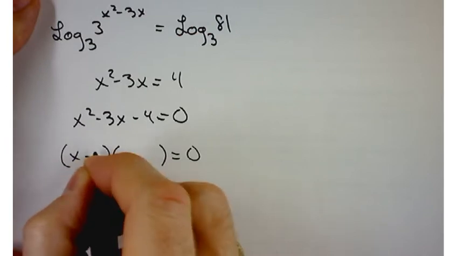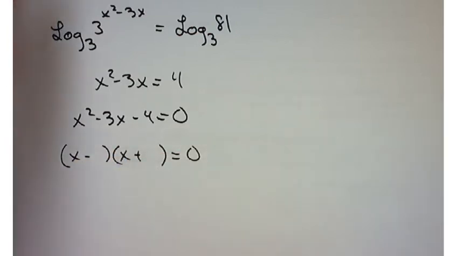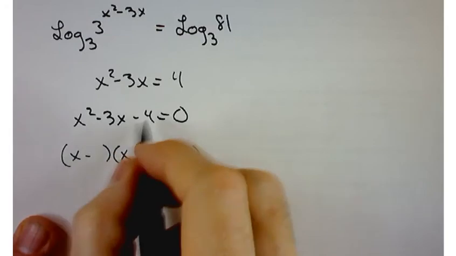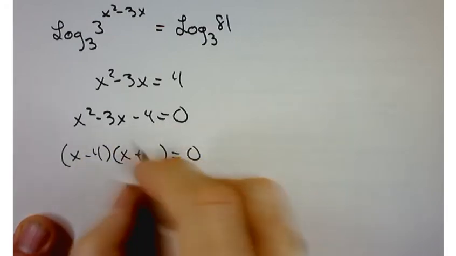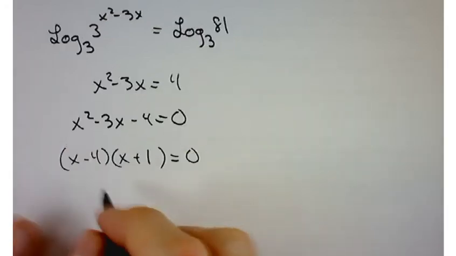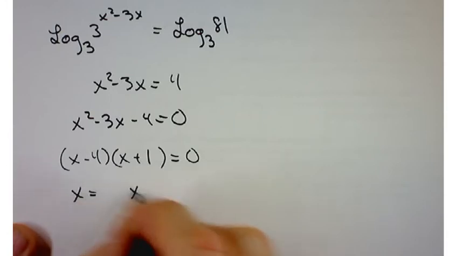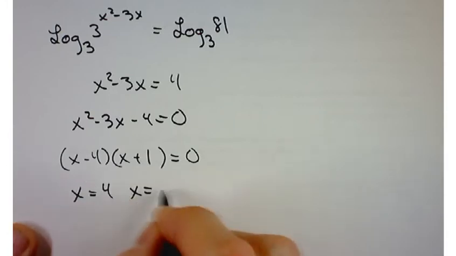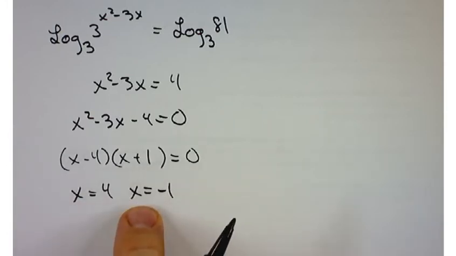All right, so x and a minus. 4 and 1, which one's positive, which one's negative? All right, so the larger one has to be negative because it matches that sign. What are my two possible answers from this? 4 and negative 1. So you get two answers out of that one.